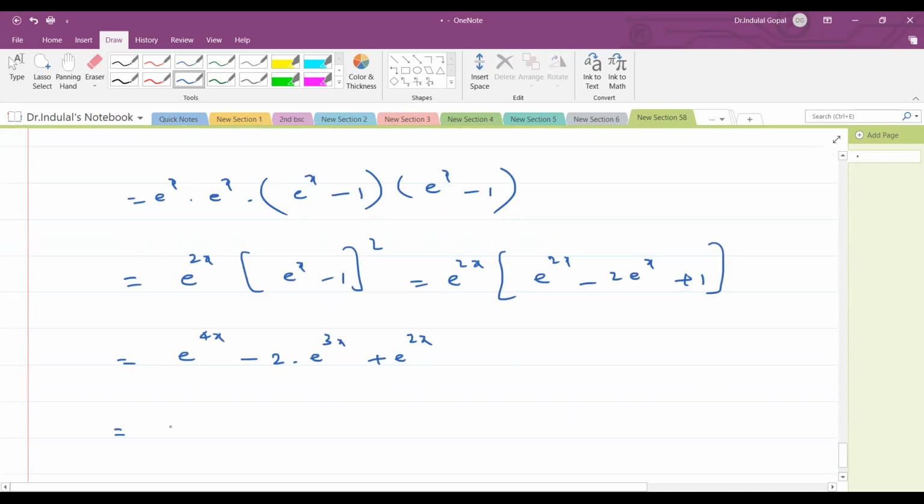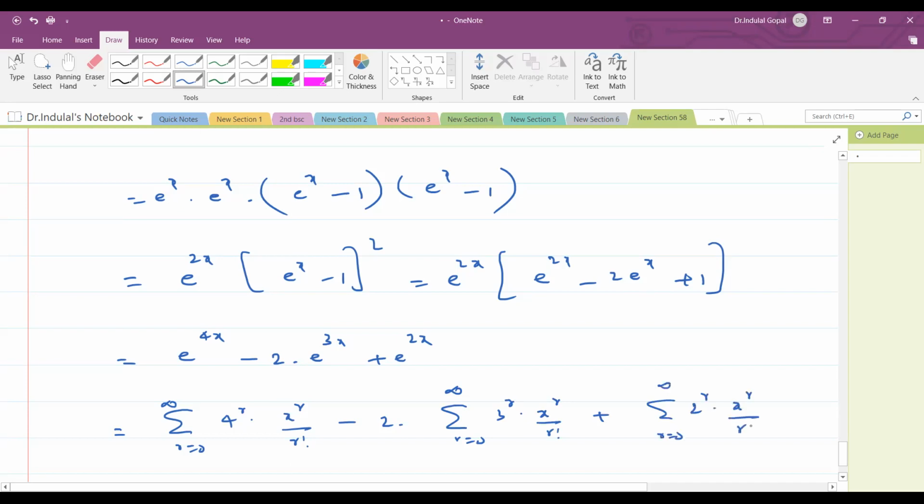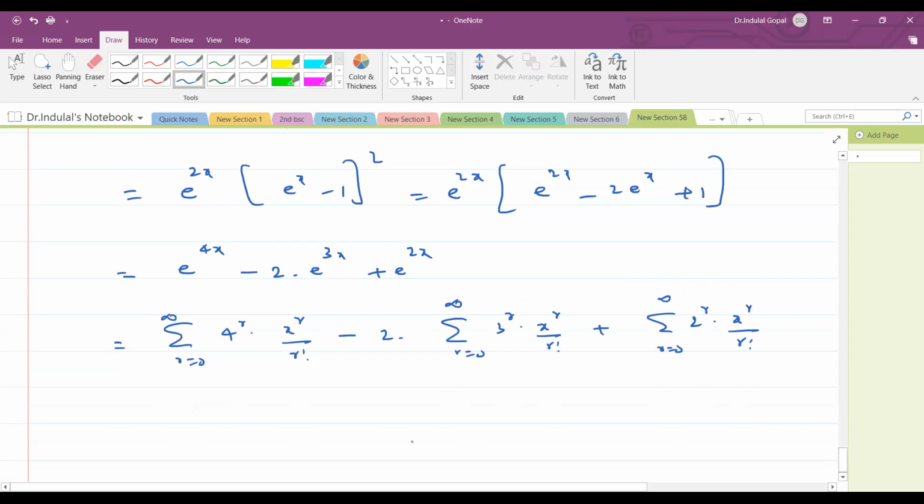And this is equal to sigma r equal to 0 to infinity 4 raised to r x raised to r by r factorial minus 2 into sigma r equal to 0 to infinity 3 raised to r x raised to r by r factorial plus sigma r equal to 0 to infinity 2 raised to r x raised to r by r factorial. So this is equal to sigma r equal to 0 to infinity of 4 raised to r minus 2 into 3 raised to r plus 2 raised to r, x raised to r by r factorial.